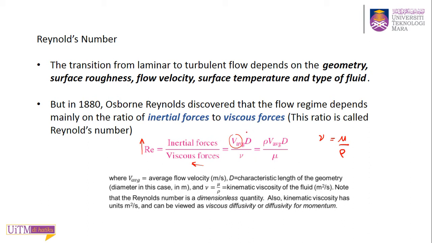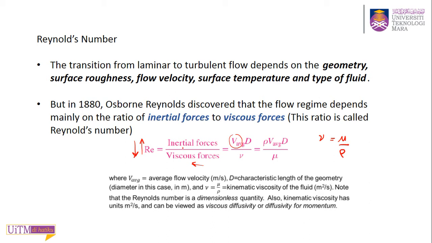We will see after this at what number the flow is turbulent, or at what number it is laminar. So in laminar flow, the Reynolds number is low.